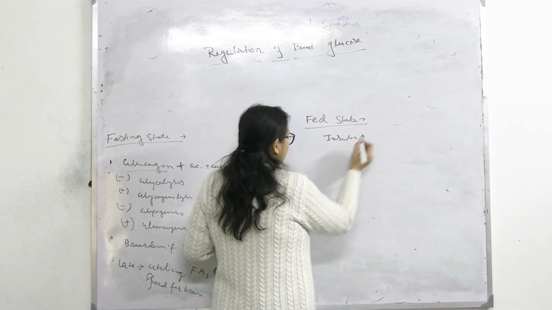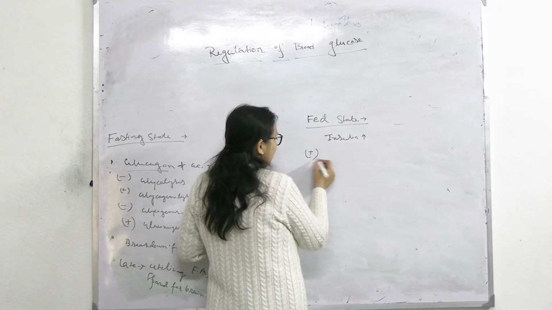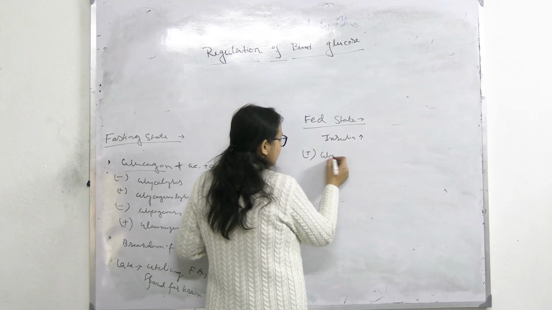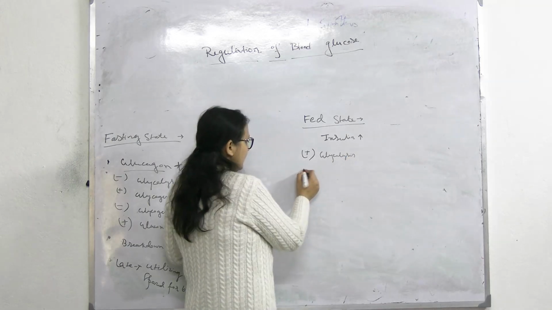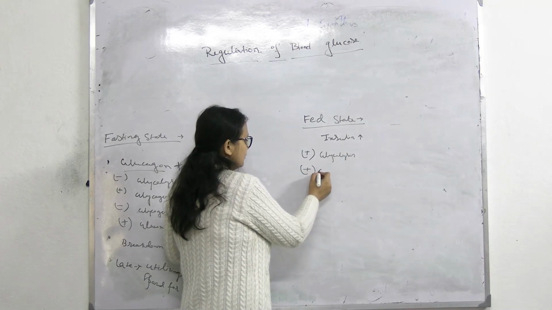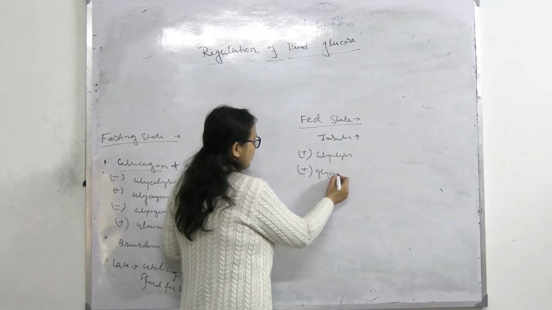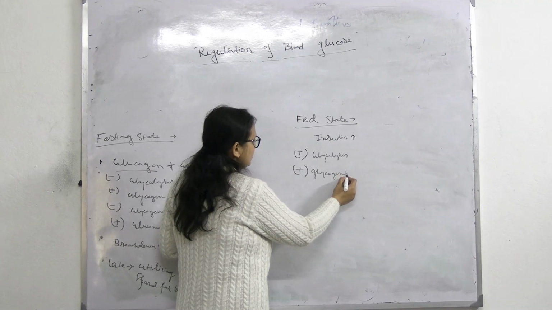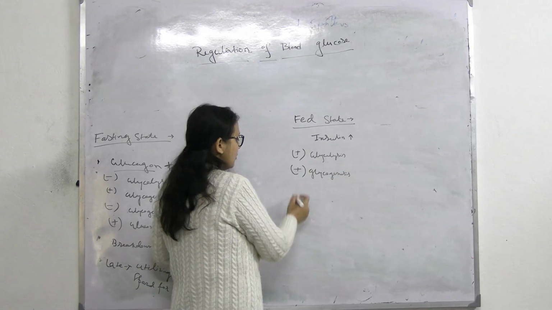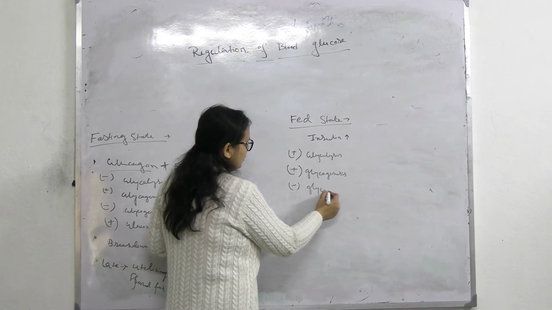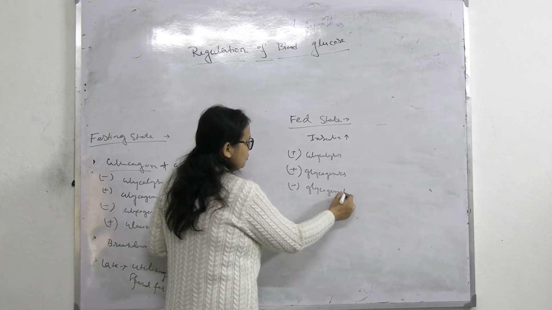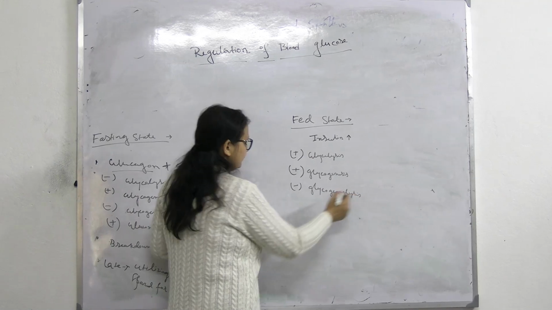Insulin starts secretion, and insulin will activate glycolysis. It will activate glycogenesis, that means synthesis of glycogen, and it will inhibit glycogenolysis.